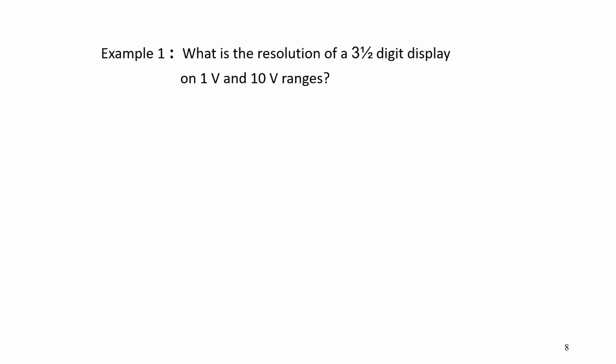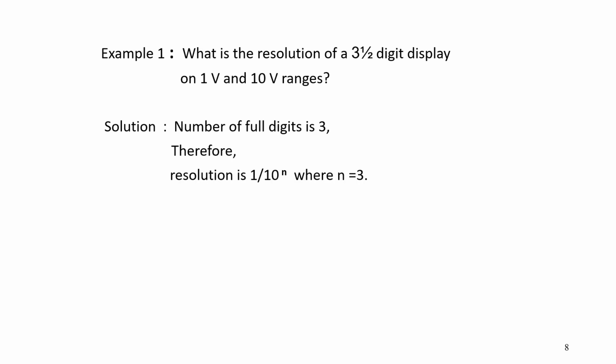So what is the resolution of a 3.5 digit display on 1 volt and 10 volt ranges? This is one of the examples. We'll see. The number of full digits is 3. Therefore, n equals 3 and resolution is 1 by 10 to the power of 3, so the resolution will be equal to 0.001.